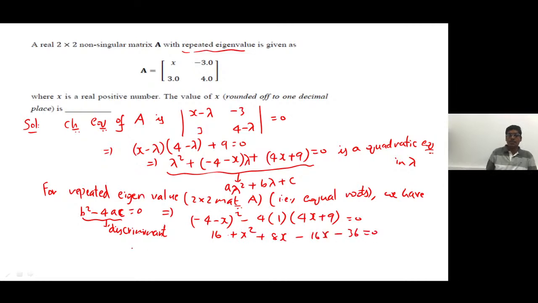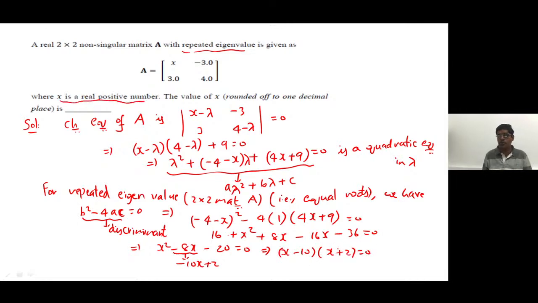So this implies x square minus 8x minus 20 is equal to 0. So minus 8x can be written as minus 10x plus 2x, factorization. So x minus 10 into x plus 2 is equal to 0. But the question is asking x is a real positive number. Of course both are real numbers.